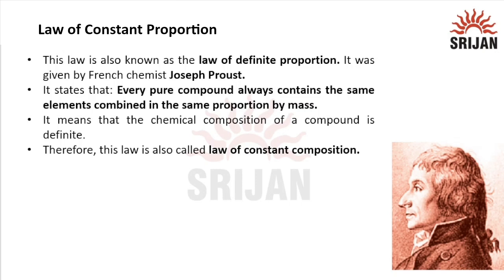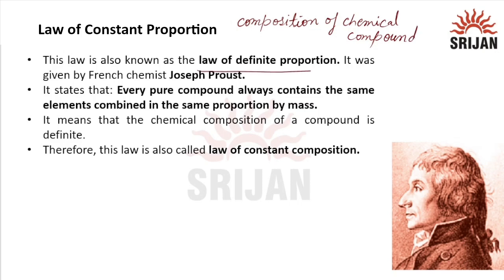This law of constant proportion is a very fundamental principle in chemistry that helps us to understand the composition of chemical compounds. It is also known as the law of definite proportion.